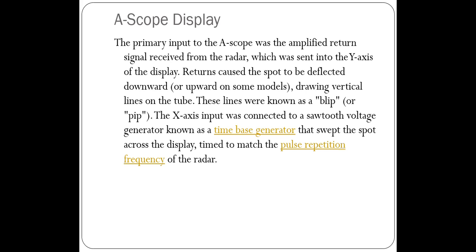The first blip is due to the transmitted pulse, part of which is deliberately applied to the CRT for reference. In addition to this, there are blips corresponding to ground clutter, grass noise, and actual targets.